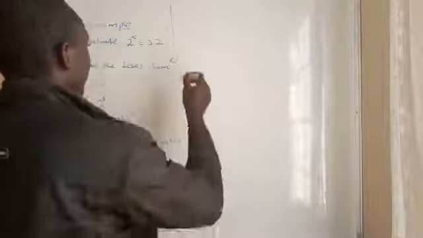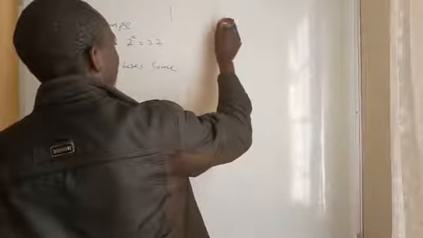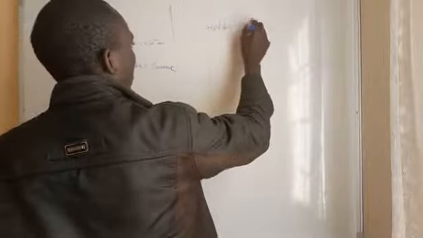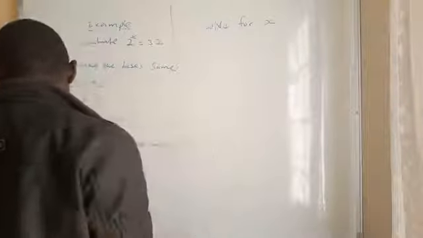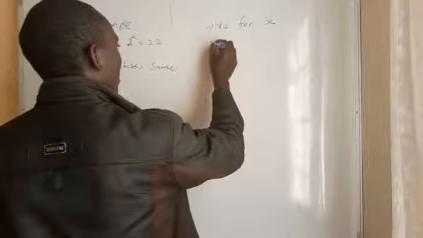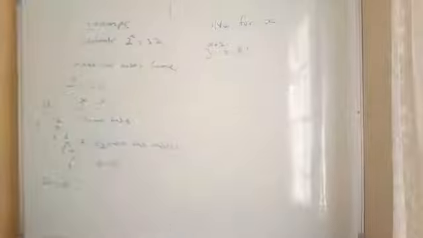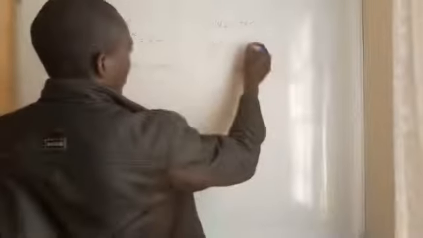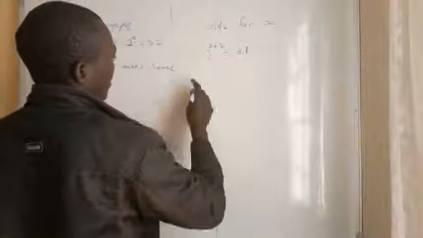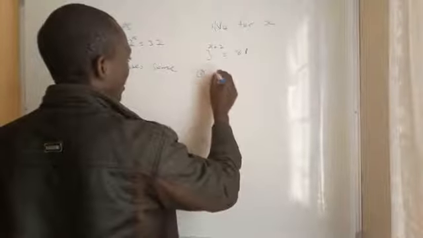Solve for x. Another example. You are given here 3 power x plus 2 is equivalent to 81. This is base 3, this is base 81. So what was the first thing I said you should do?